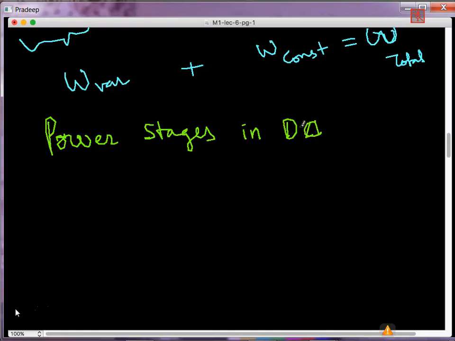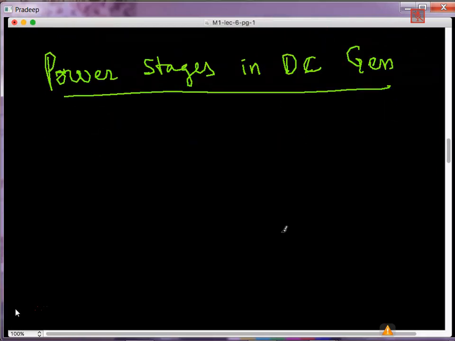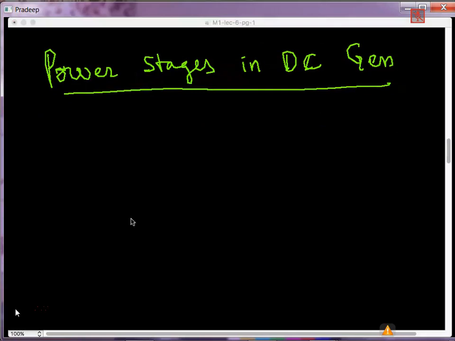To begin with, let's talk about the DC generator. So the first stage is mechanical input.